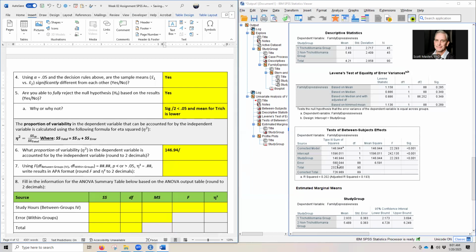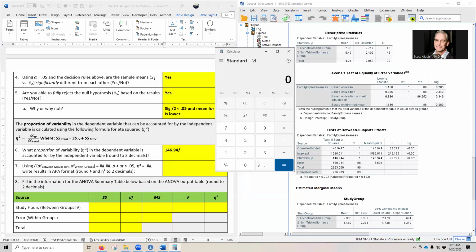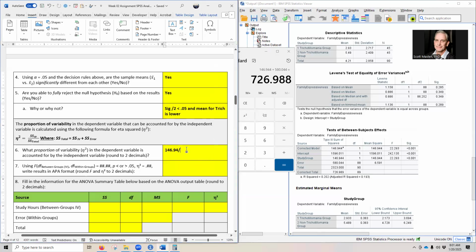I'm just going to pull up the calculator really quickly to do that. The numbers we need are 146.944, and the error is 580.044. I get 726.988. So I'll put that here. And we just need to divide those two things now.